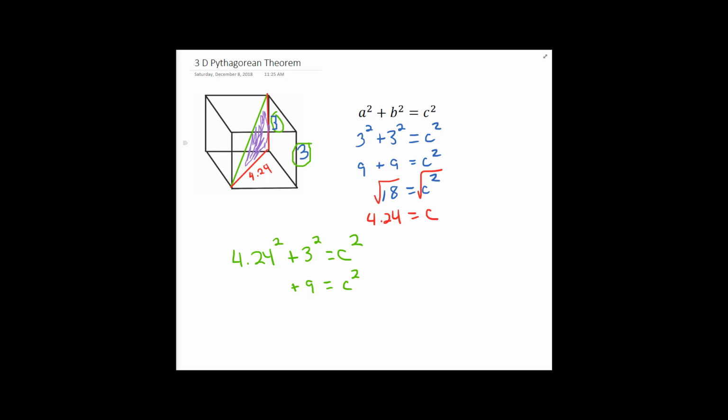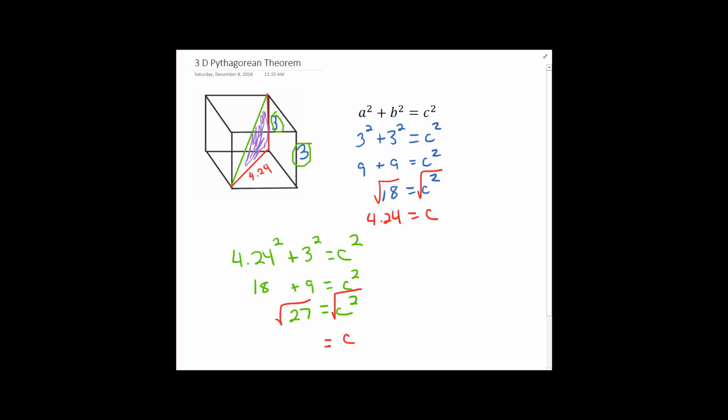We'll just keep our life simple today. We'll round that up to 18. And again, on your test, they'll tell you to round it to 1 or 2 decimal places. But for this one, we get 17.9776, and let's round that up to 18. And 18 plus 9 is 27, which equals c squared. Now for our final step, we'll get rid of the squared by square rooting, which is the opposite.